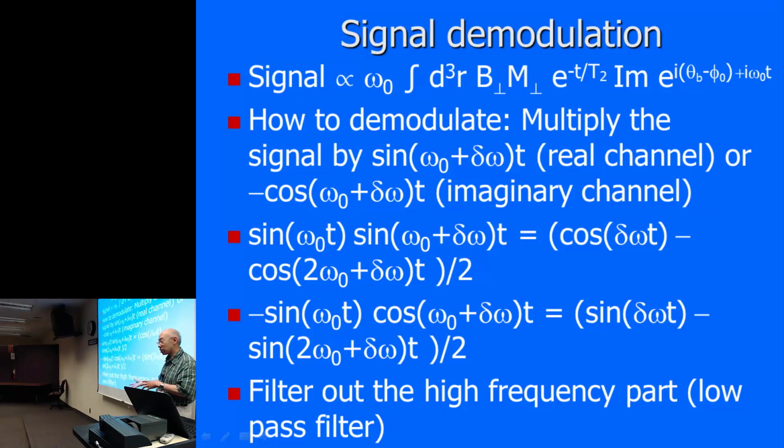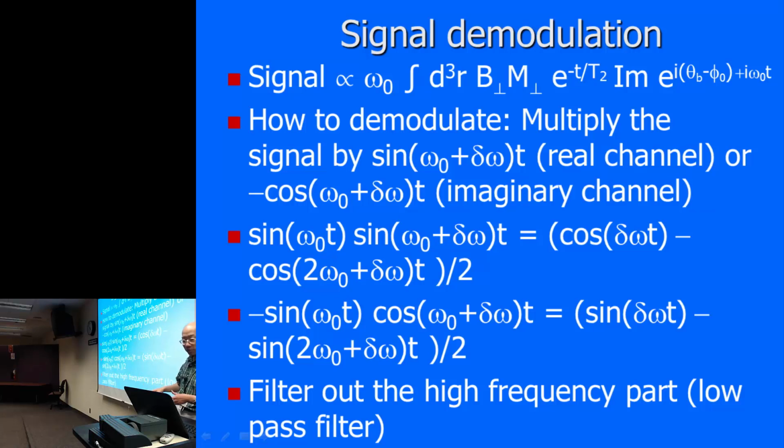Demodulate just means these two equations, meaning that I multiply my signal with sine and cosine. That's called demodulation. The next step is you have to filter your signal, meaning get rid of the high frequency component. So there are two processes: one is demodulation, the other is filtering.